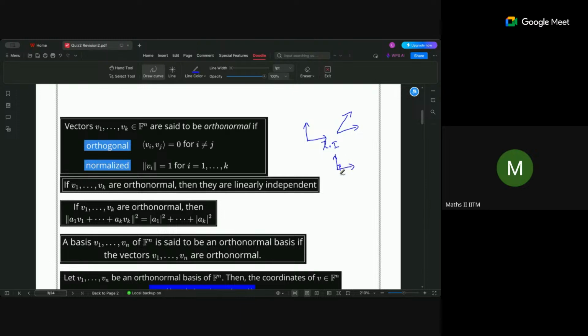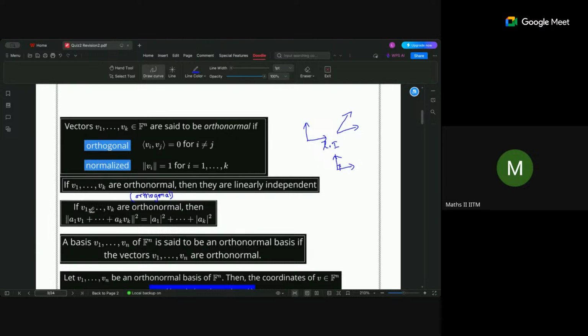So definitely they are in different directions, so they are linearly independent. Even if you just have orthogonal, then also you will have linear independence. Orthogonal implies linear independence. Okay, fine.